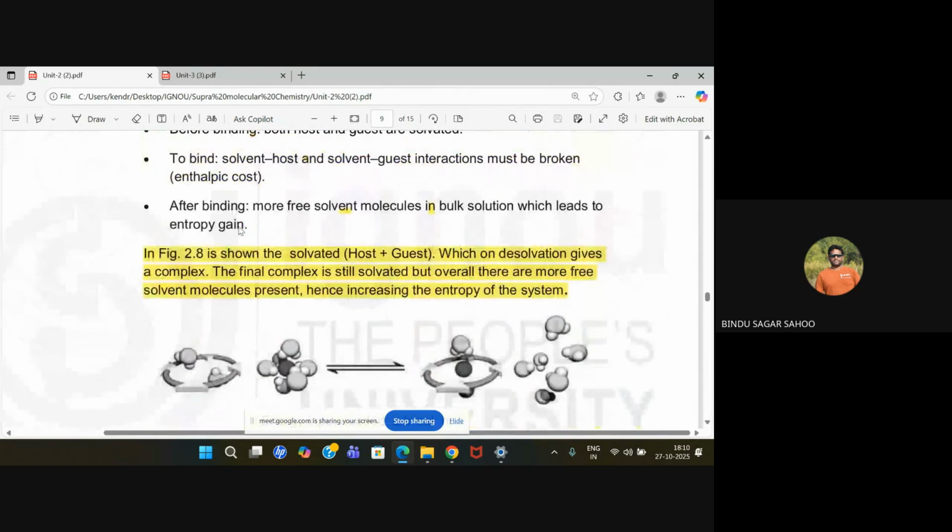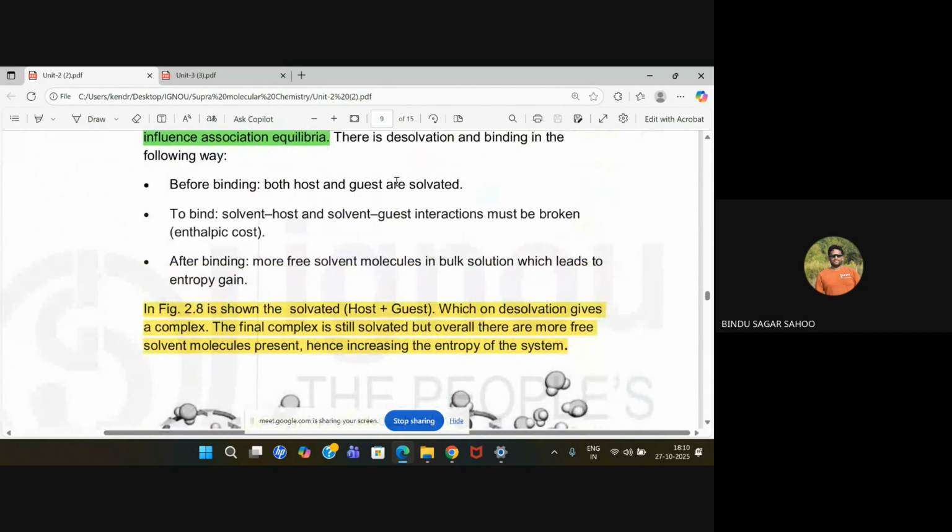So in the second process, before combination both will be solvated, and when the binding occurs, there may be an enthalpy cost. Mostly, bond-forming reactions are exothermic reactions. When a bond forms, they lose a huge amount of energy.